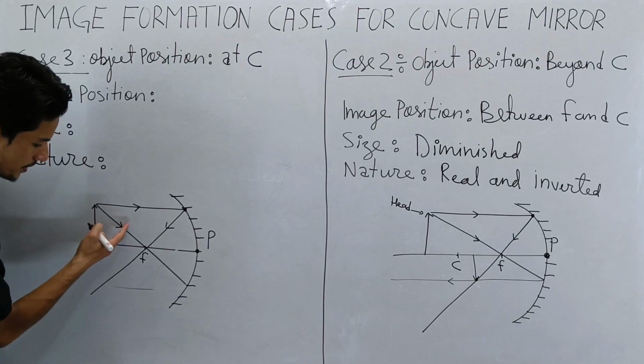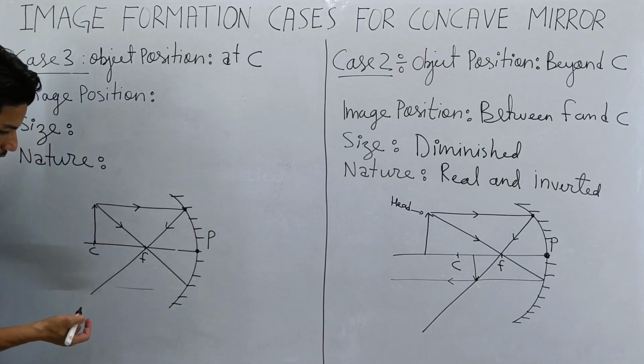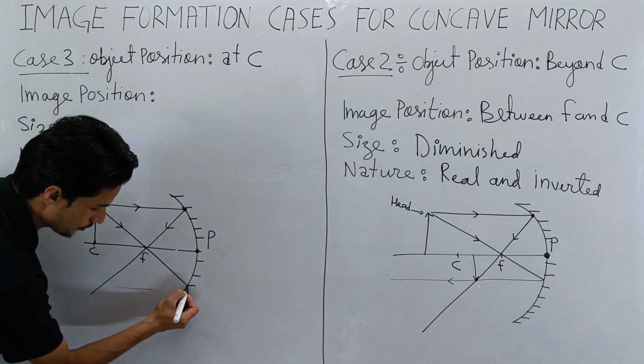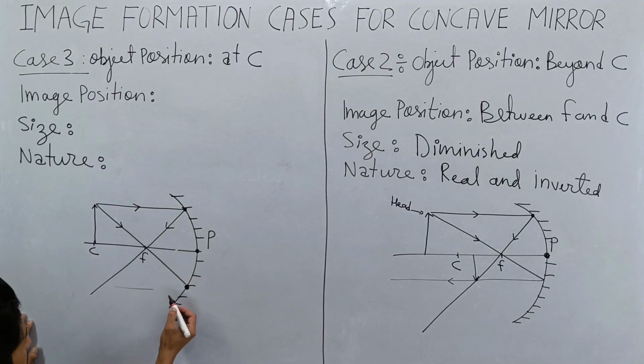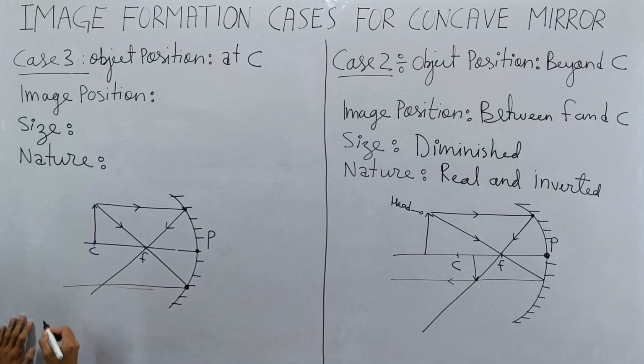So this is the incident ray entering through F, and now it has made contact with the mirror. So here is the point of incidence. Now reflection will take place, so it will reflect, and then it will go like this. Now they meet here, so the image will form here.